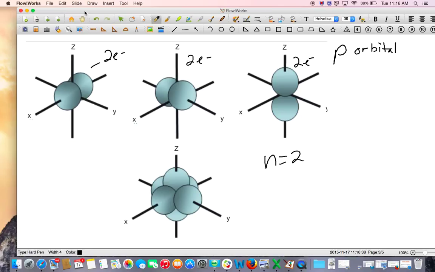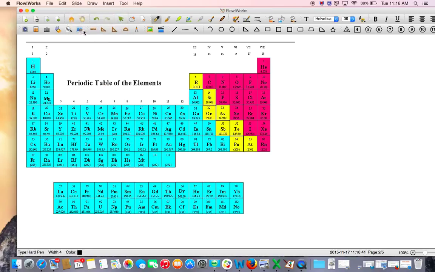So what does this mean? I'm going to go back to the very first slide. Take my highlighter here. The first 2 families on the periodic table, remember families go up and down, and helium counts, are what we call the s orbitals.